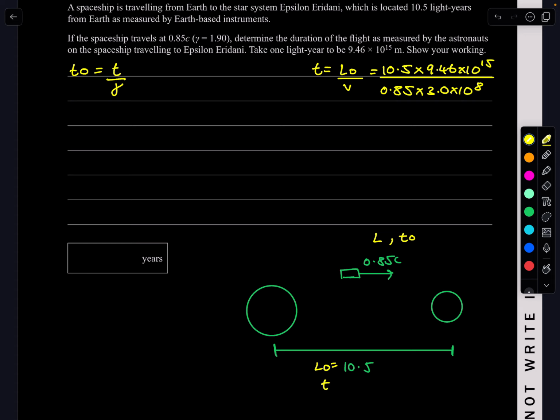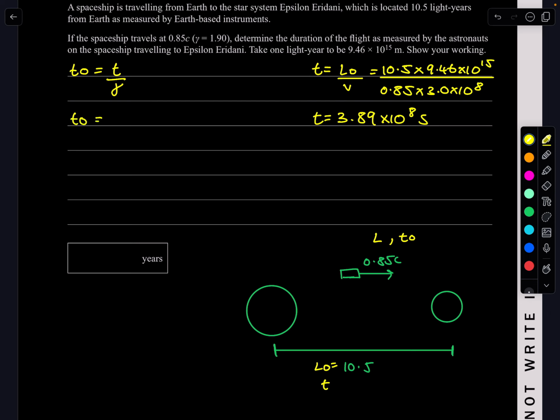So 10.5 times 9.46 times 10 to the power of 15, all divided by 0.85 times 3.0 times 10 to the power of 8. I get approximately 3.89 times 10 to the power of 8 seconds. Now I'm going to put it into this formula to get the proper time.